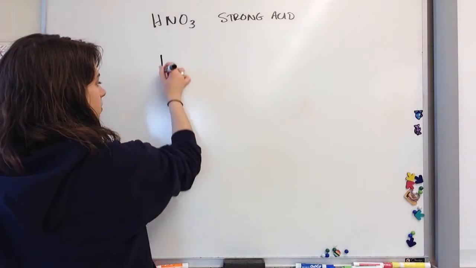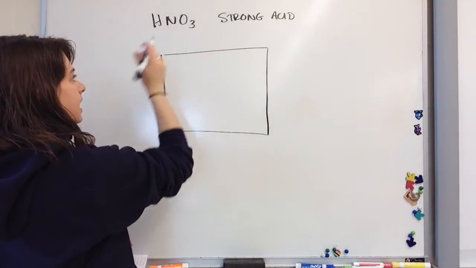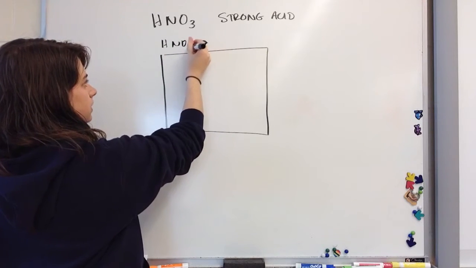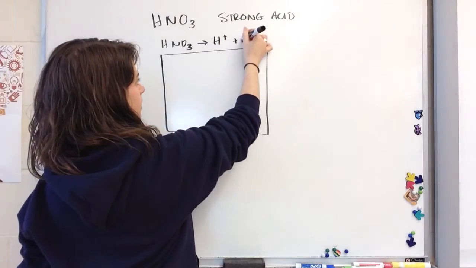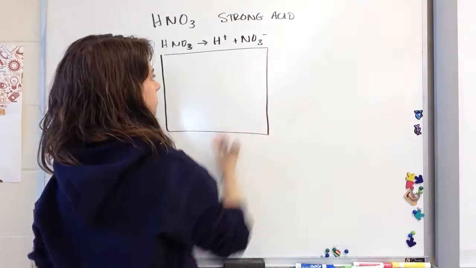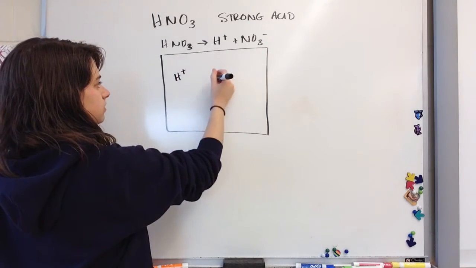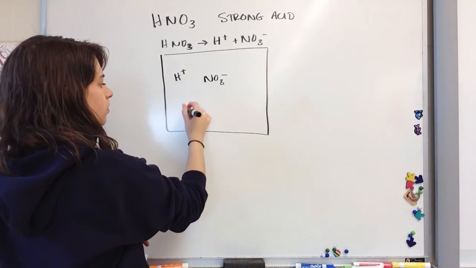So when we're drawing a particle diagram for this, if I have my box, I'm going to have my HNO3, that's going to completely break apart into its H+ ion and its NO3-. So in solution, I'm going to see H+ and NO3-, and they're going to be in a 1-to-1 ratio.